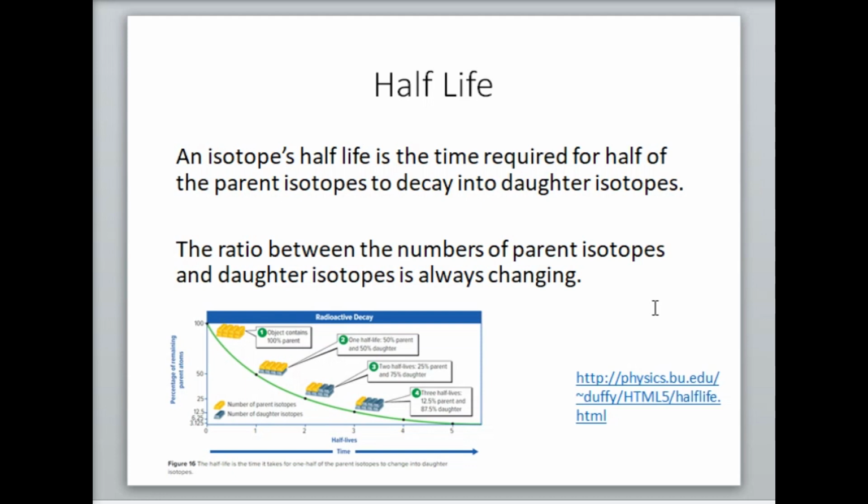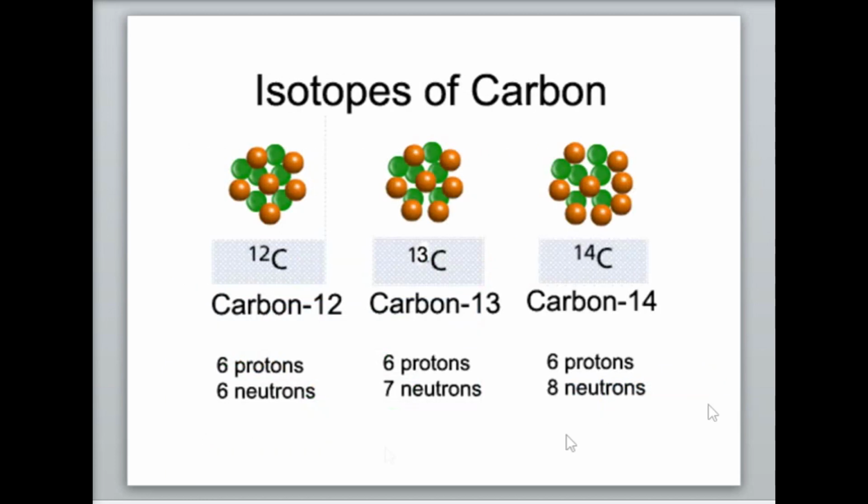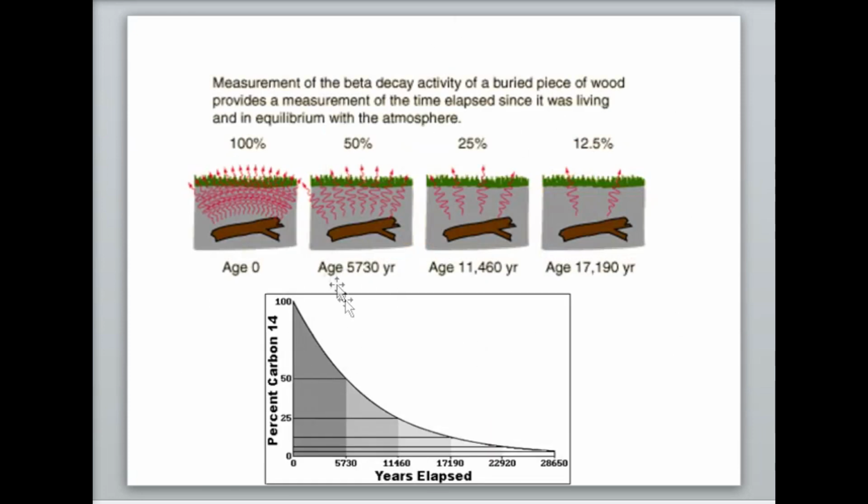Okay. Now, when you get into absolute age dating, if you've got an organic piece of material like a dead plant or a dead animal, you use the half-life of carbon-14. Carbon-14 has a half-life of 5,730 years, meaning that if you've got a sample of carbon-14, in 5,730 years you're going to have half the amount left.